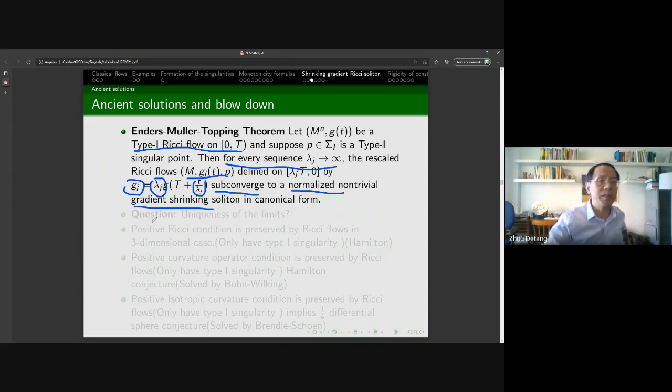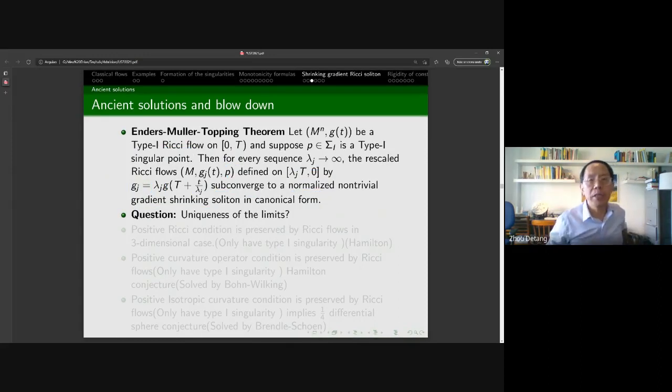Of course there are several questions related to this theorem, because it says subconverge. So there is a natural question: is the limit unique? Of course, if you can classify all the shrinking solitons, this must be unique.